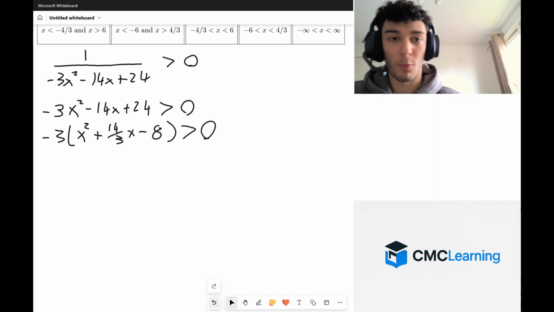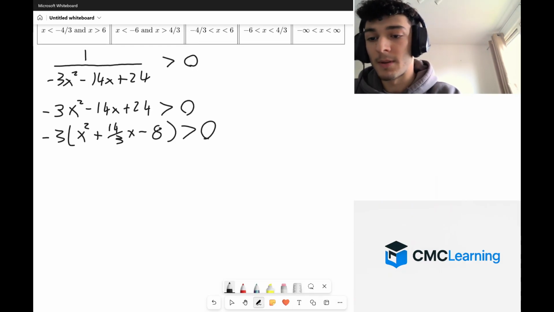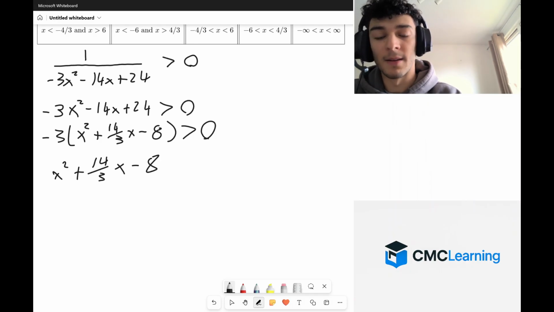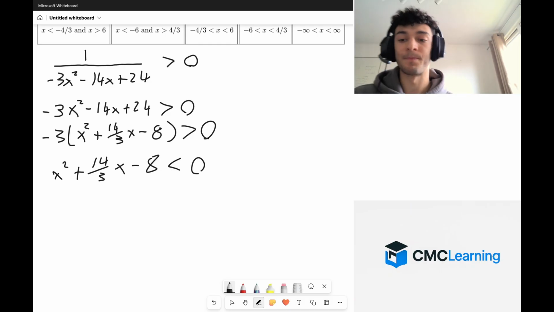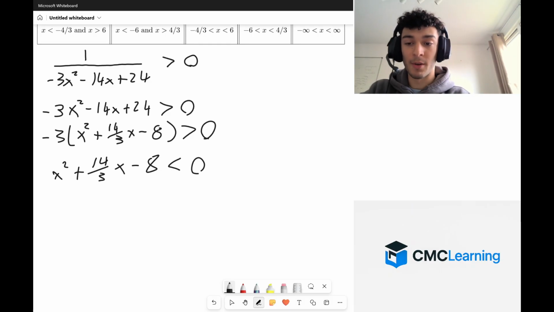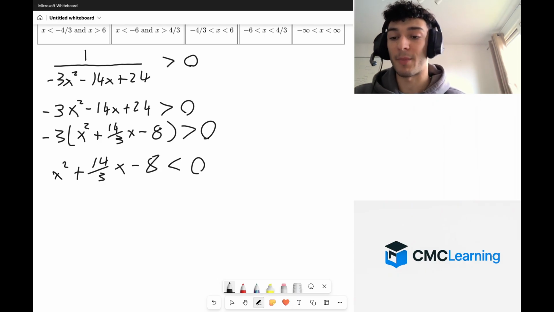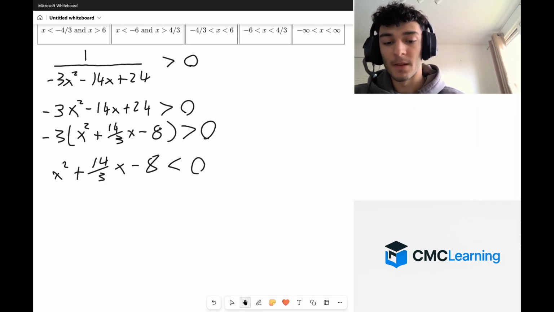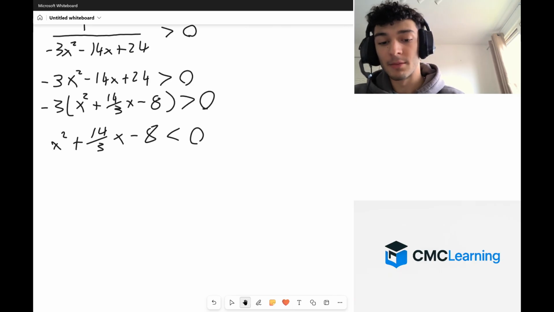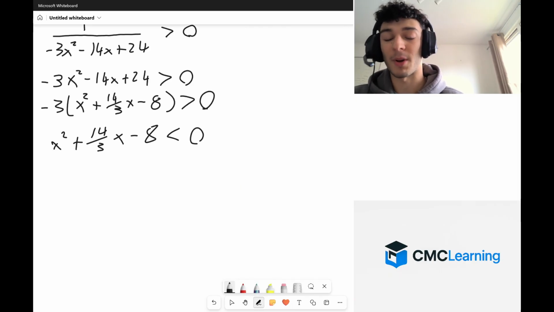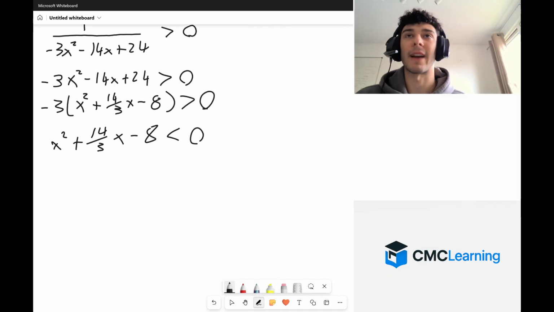We need to solve when x squared plus 14 over 3x minus 8 is now less than 0. And you can get to this step from logical intuition or just dividing by negative 3 on both sides.